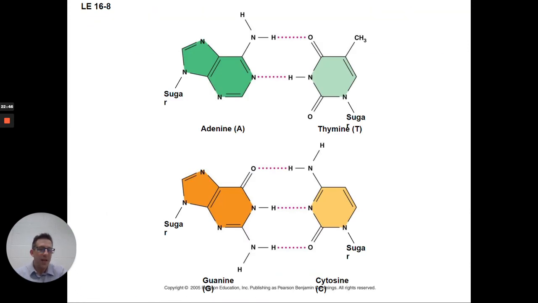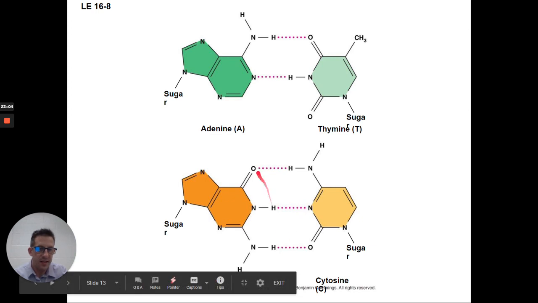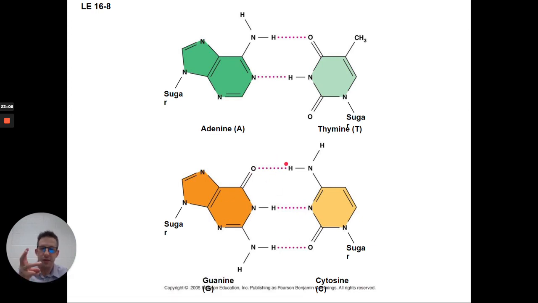But anyway, they match up, and there's a specific way that these two sets of molecules will come together, right? Adenine and thymine are always going to come together, and what you'll notice about them is they share 2 hydrogen bonds that keep them attached, whereas guanine and cytosine come together and they actually share 3 hydrogen bonds that keep them together.